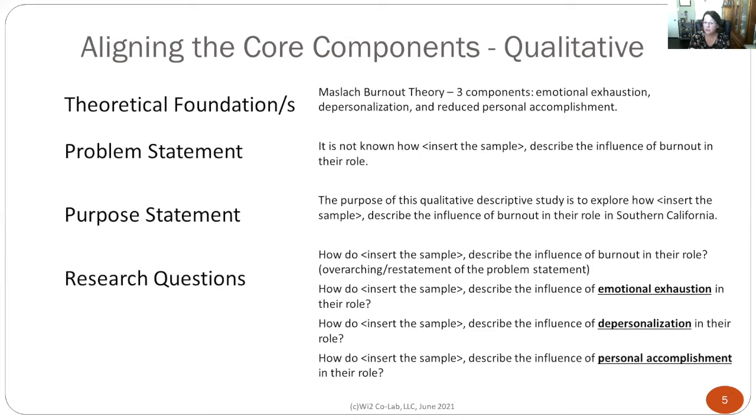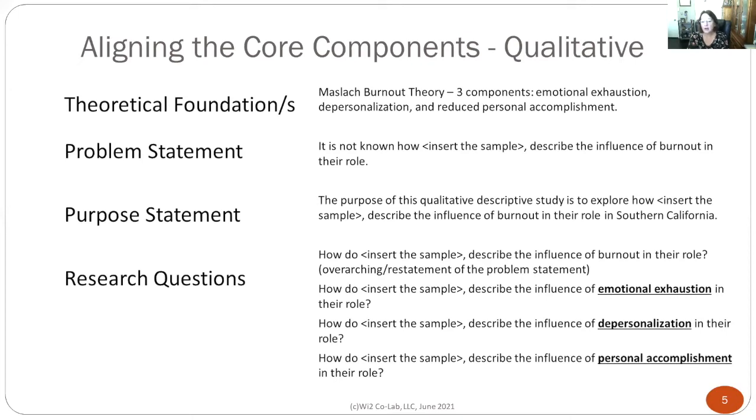It's a quantitative instrument that could be used for a qualitative descriptive study, but it has to align to your research questions. You can do that, or you can do just purely a qualitative study and do interviews and focus groups to capture data along the lines of burnout, including emotional exhaustion, depersonalization, and reduced personal accomplishment. Here's your problem statement.